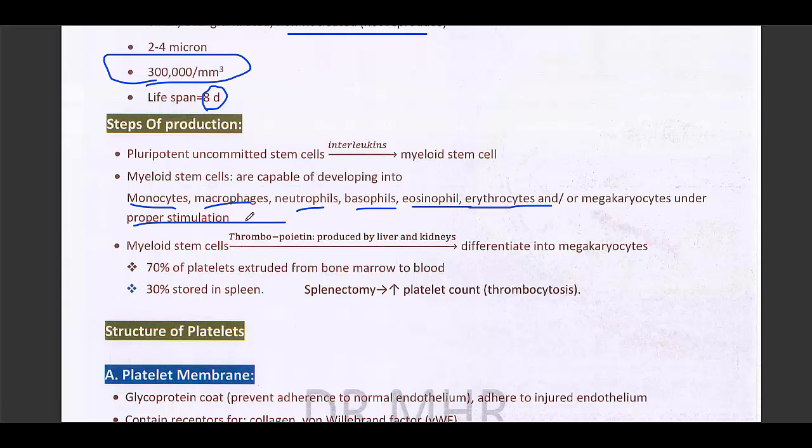If you notice, mainly all of these cells are immunity cells, like macrophages, neutrophils, inflammation cells. So the myeloid stem cells, by thrombopoietin, which is produced by the liver and kidneys, become megakaryocytes. It is a large cell, as its name suggests.